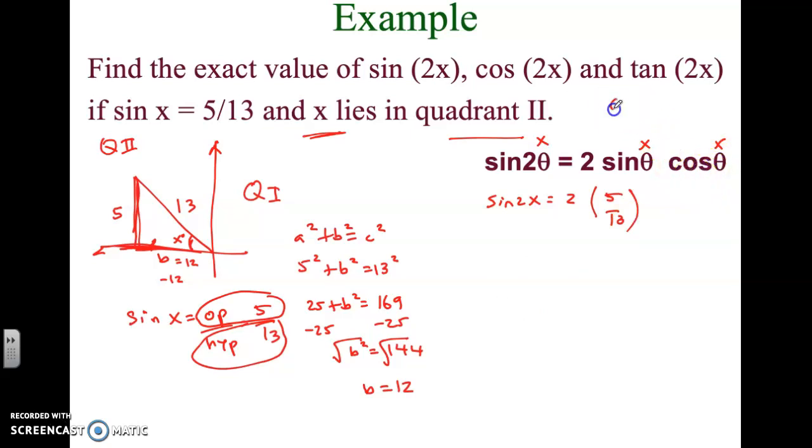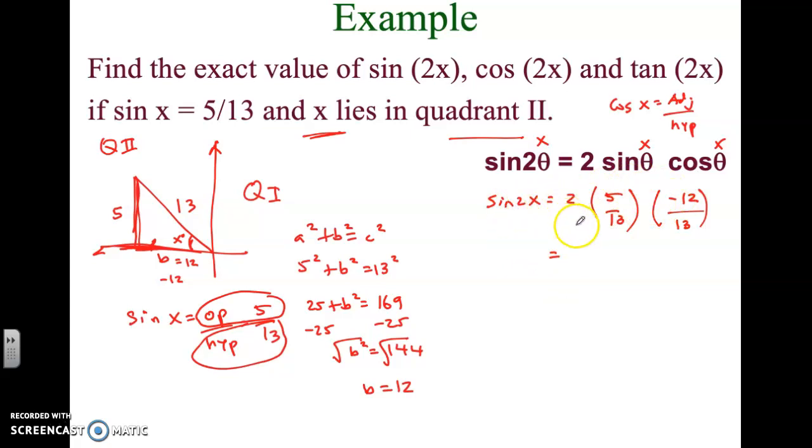Cosine of x is adjacent over hypotenuse. Adjacent is your b side, which is negative 12 because it's in Q2, and the hypotenuse is 13. Just simplify that, and that's it.